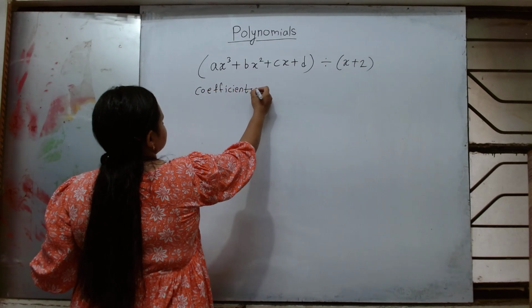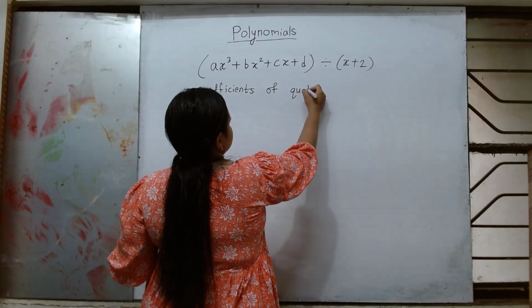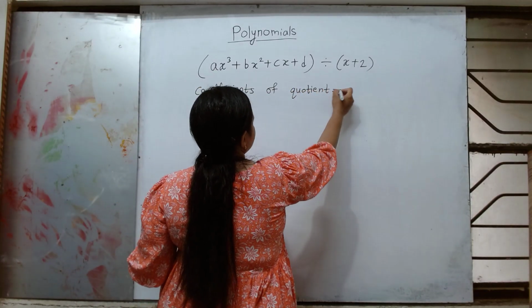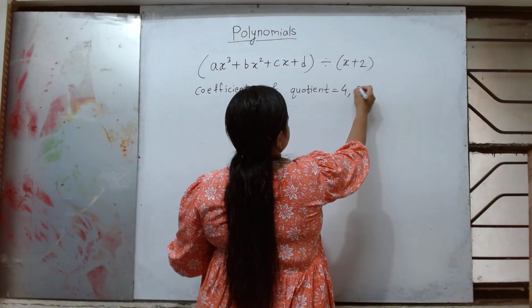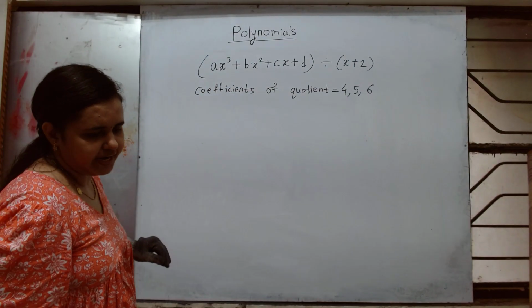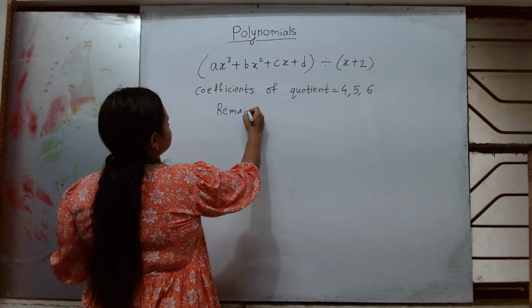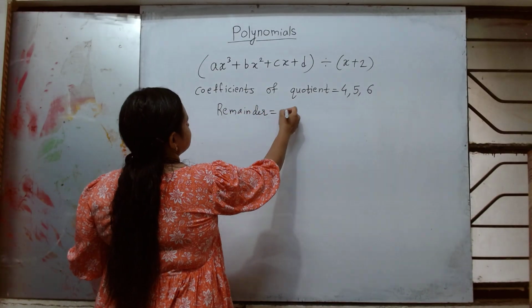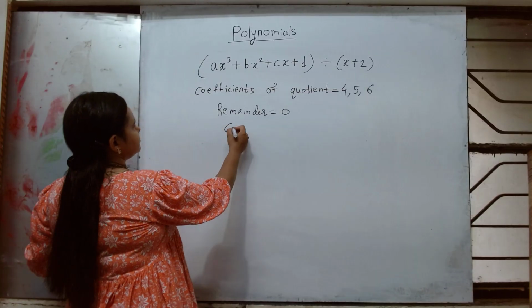Coefficients of quotient are 4, 5 and 6. And remainder is given as 0. Now we have to calculate c minus d.